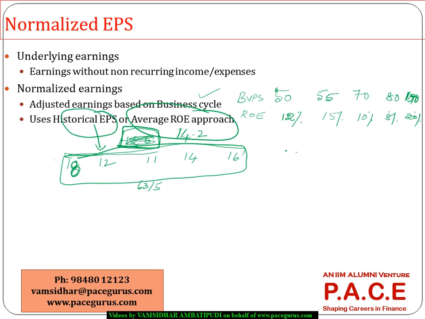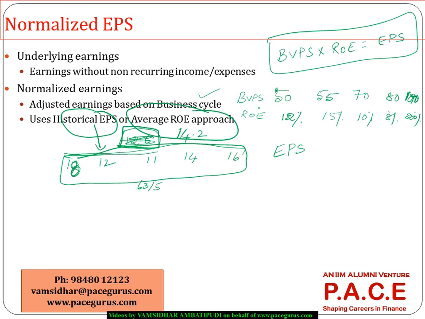Now if I want to find out the normalized EPS through the BVPS, book value per share times ROE is nothing but earnings per share. We can know this relationship because the definition of ROE is net income divided by book value of equity. Putting both per share, it's EPS divided by BVPS.